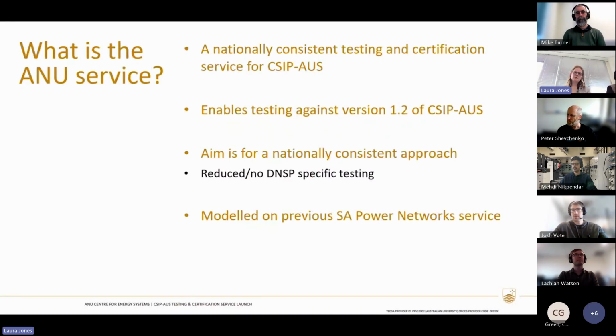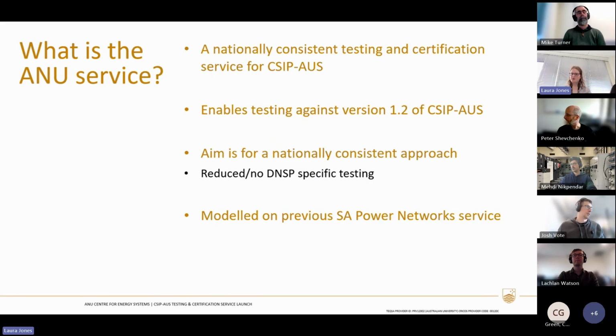So the ANU Testing and Certification Service aims to be a nationally consistent testing and certification service for CSIP-AUS. It's an upgrade from the previous service, which tested 1.1a of CSIP-AUS to 1.2. And the aim is that over time we can reduce or remove distribution network or server operator specific testing and harmonise all testing under this consistent framework.